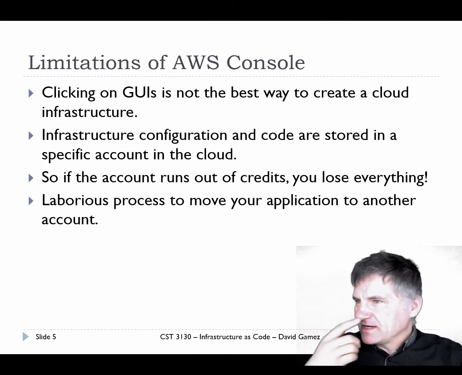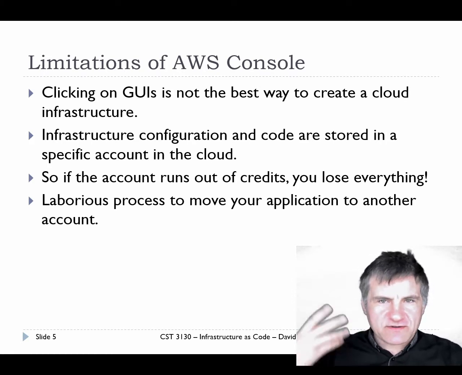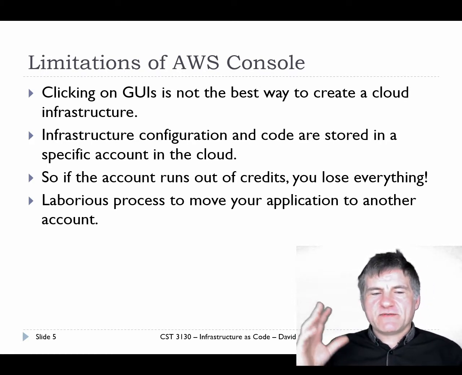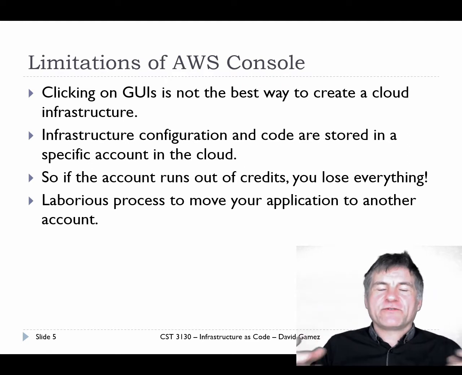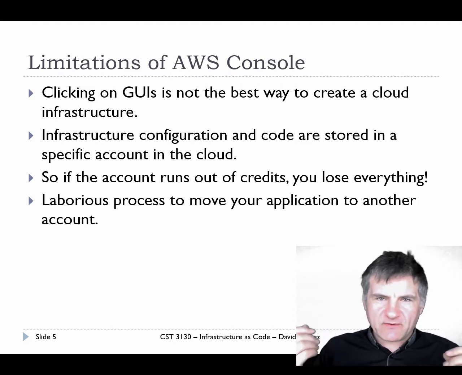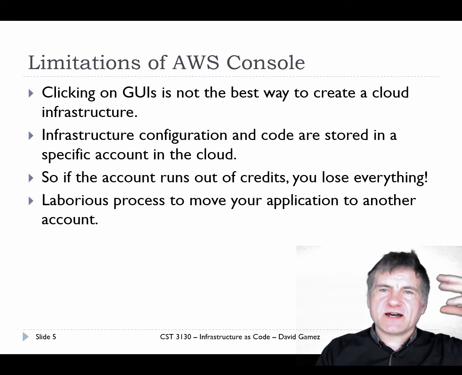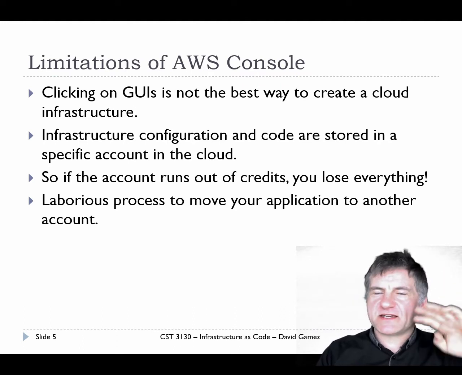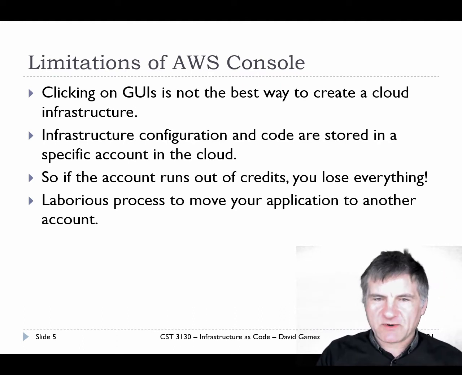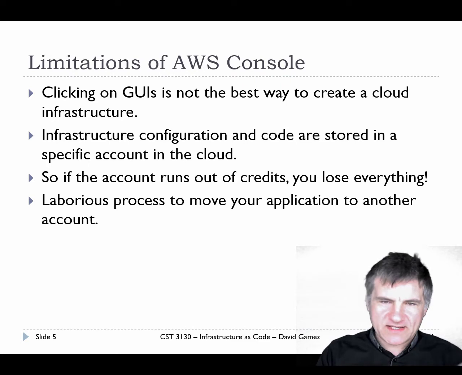And suppose I create a cloud infrastructure within one account, and I want to move it to a different account, then I've got to do the whole thing again, clicking on the API gateway and typing in the Lambda functions and so on. It's a pretty painful way to work, because we can't easily switch between different accounts, and we certainly can't switch between different cloud providers, except by clicking in their particular GUIs and so forth.